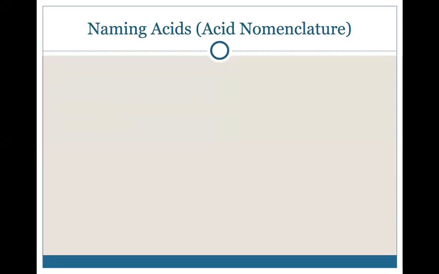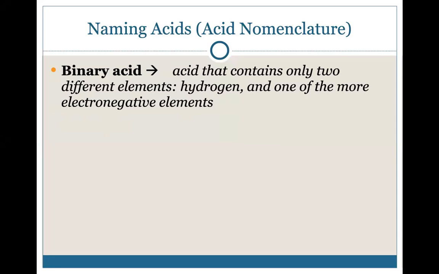Now, there's 2 main types of acid, and naming them is going to be based on whether they are a binary acid or an oxyacid. Oxyacids are the most common, and I've got a trick to remember how to name them based on the polyatomic ion that they form when they are ionized. But we'll start with a binary acid. Binary, of course, means 2.